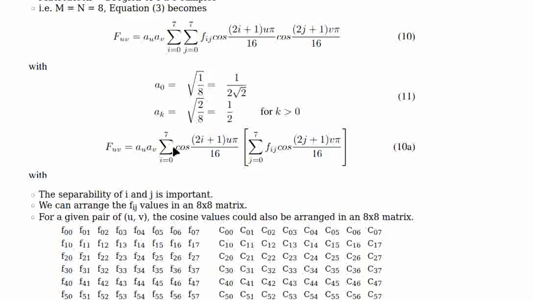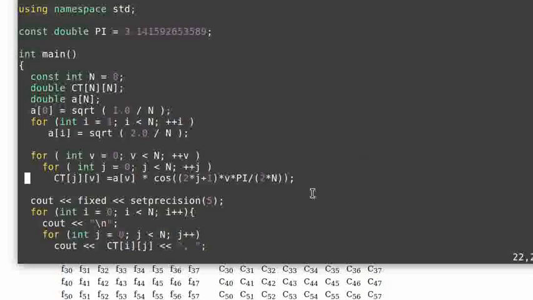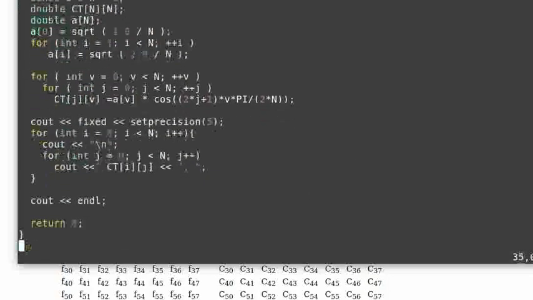So the AV constant is absorbed into the C IJs. And then we print out these matrix values. So now let's compile it.